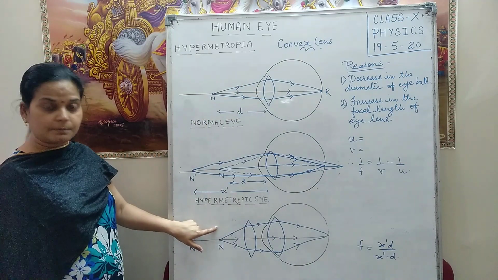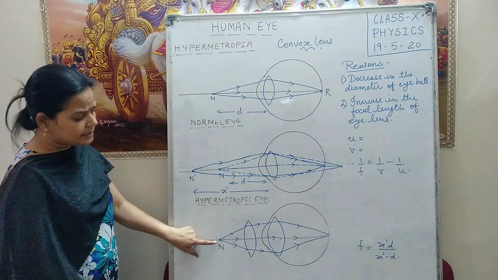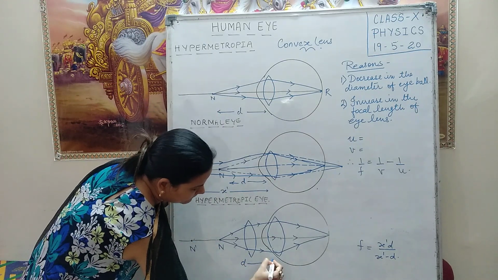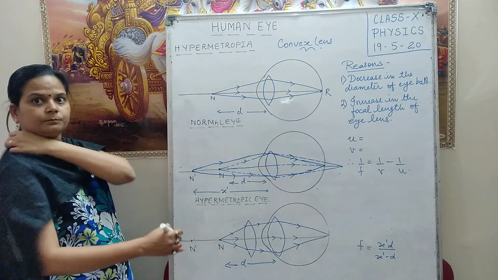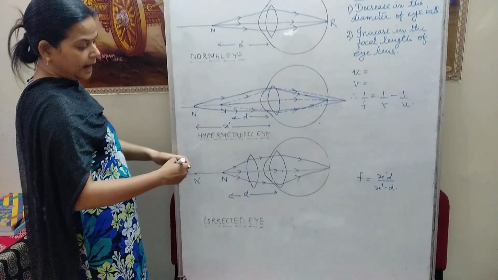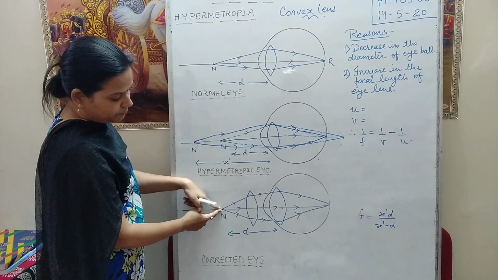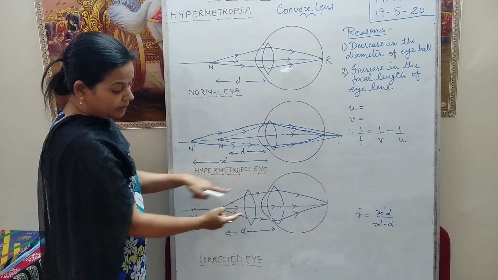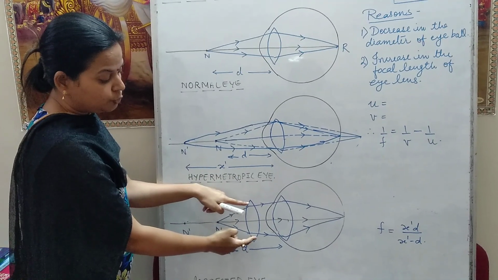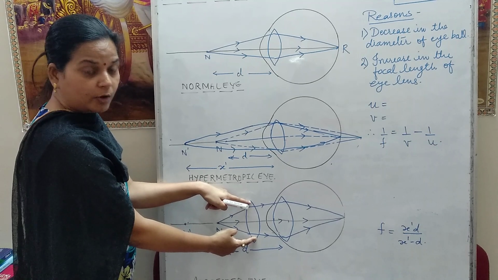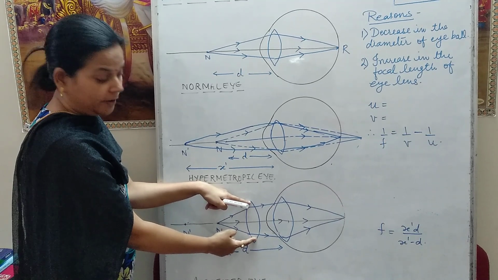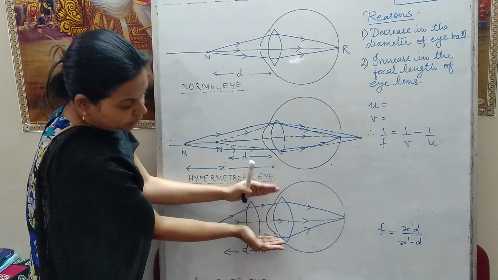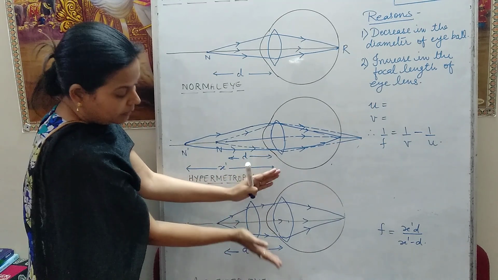And what happens, suppose this is the least distance of distinct vision, that is D for a normal person, and the rays moving from this actually do not meet at retina. But when the rays pass through the convex lens used to correct the defect, it will try to converge. It will not move outwards.